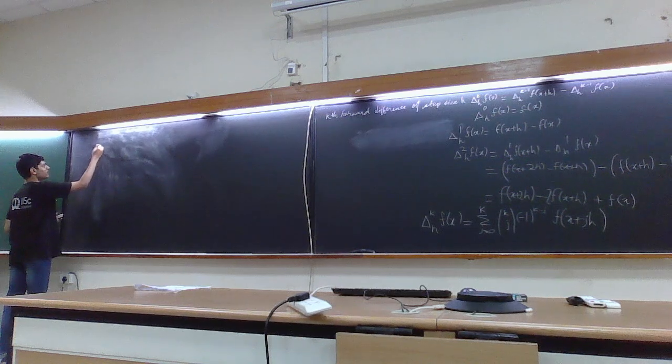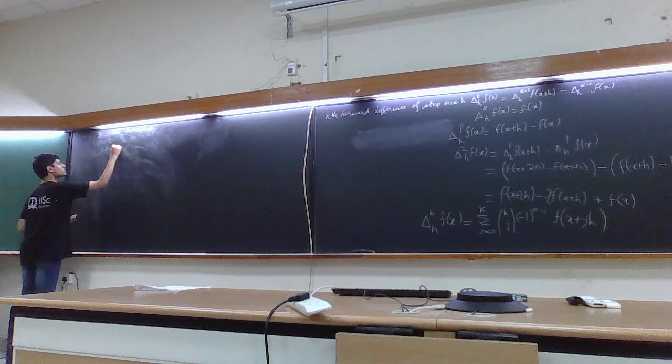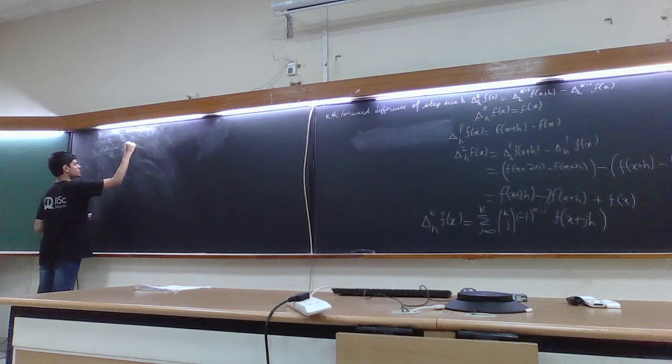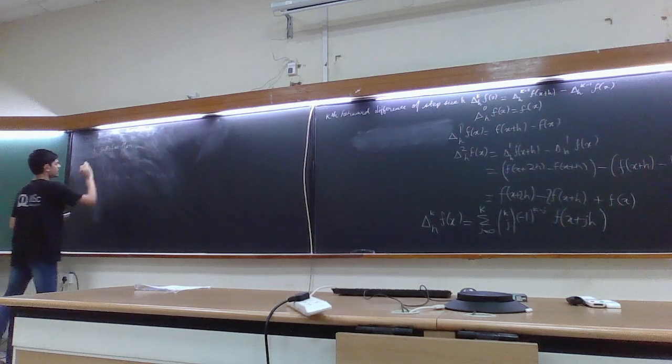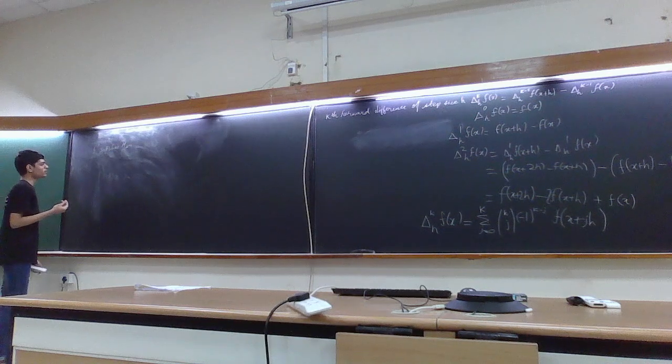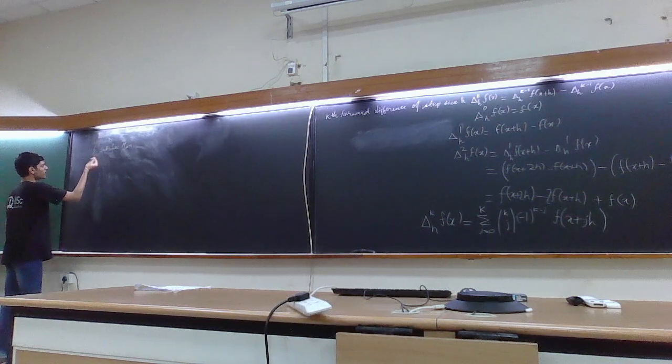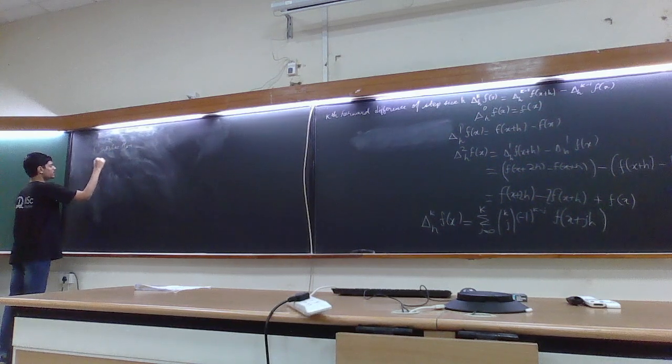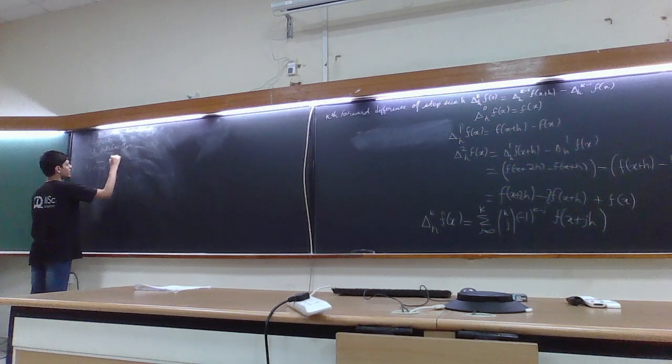Firstly we want to show that f prime satisfies h k minus 1. So we assume the existence of f prime, and we first prove that f prime satisfies h k minus 1. So what should be the idea? f prime is a limit, as epsilon goes to 0, of f of x plus epsilon minus f of x upon epsilon.